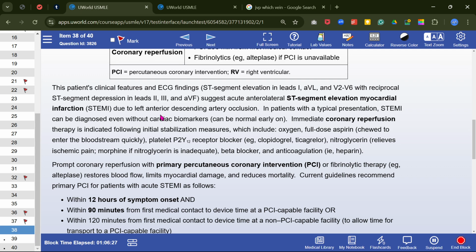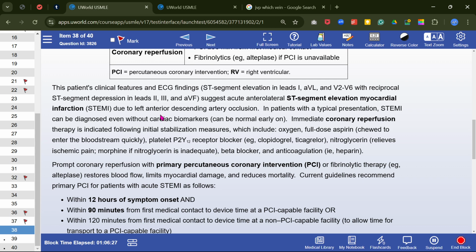Immediate coronary reperfusion therapy is indicated following initial stabilization measures, which include oxygen, full dose aspirin, platelet P2Y12 receptor blocker, clopidogrel, ticagrelor, and nitroglycerin to relieve ischemic pain, and morphine if nitroglycerin is inadequate, beta blocker, and anticoagulation.